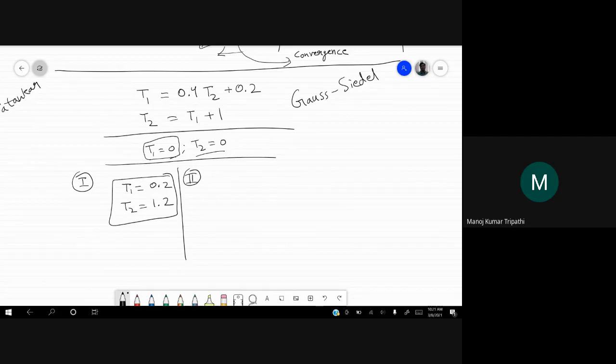This is the process that we followed. Then the second iteration. Now T1 is 0.2 and T2 is 1.2. We use T2 equal to 1.2 in the first equation. T1 is 0.4 into 1.2 plus 0.2, so this is 0.48 plus 0.2, 0.68.